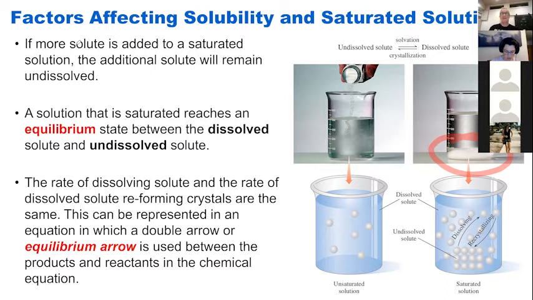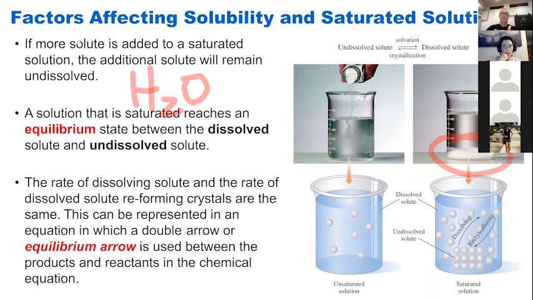Basically, all the water in that solution is bonding with solute, and there really isn't any capacity to bond with any more solute, and there's no space available either.